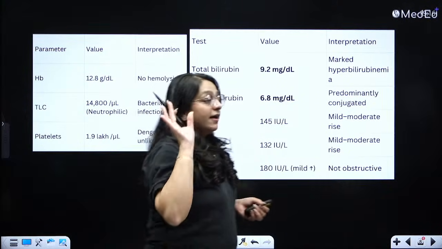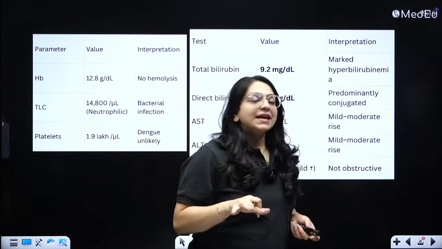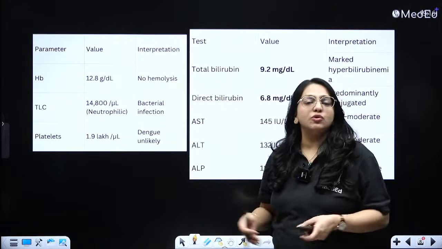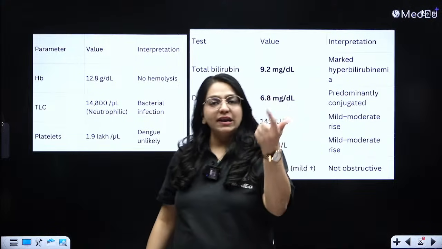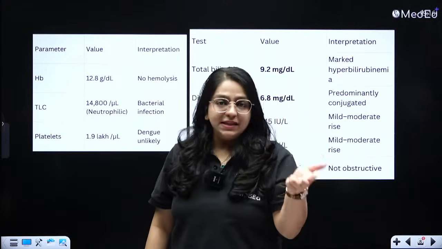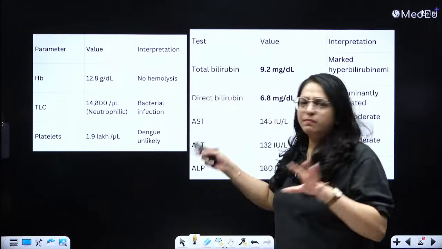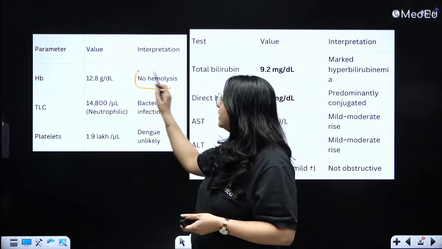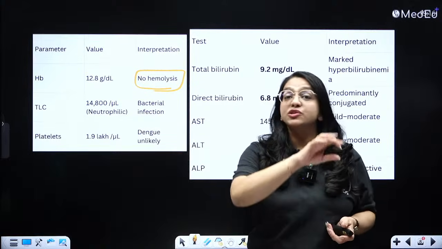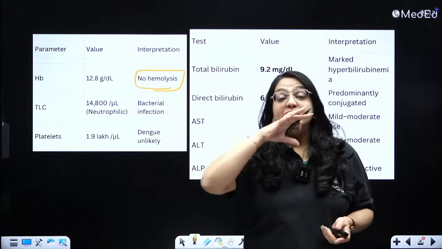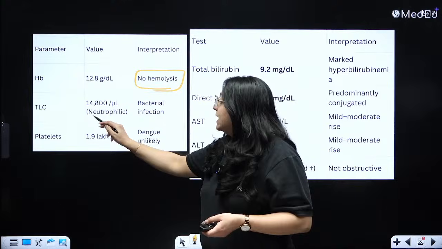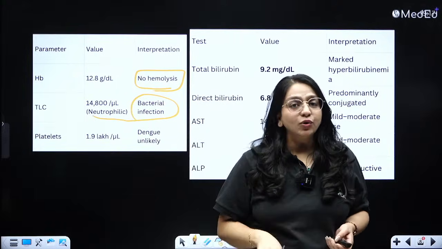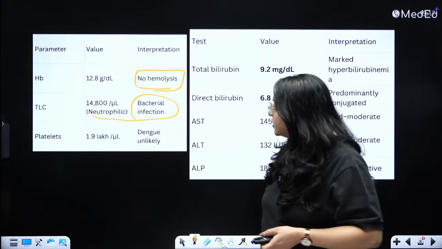Of course, in the general investigations, for each and every patient you are going to do a CBC, LFT, and KFT, right? CBC is not hugely suggestive of anything, but it is important to find out that hemolysis is not there, so the patient is not anemic, so it is not a hemolytic anemia. Neutrophilic raised TLC tells you of bacterial infection.